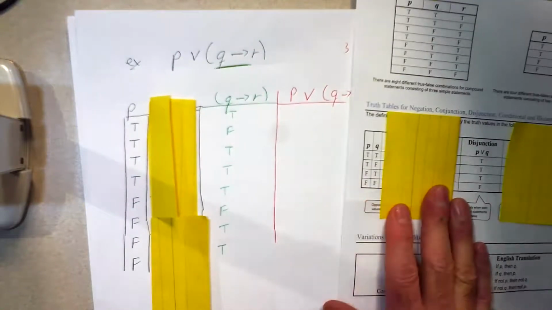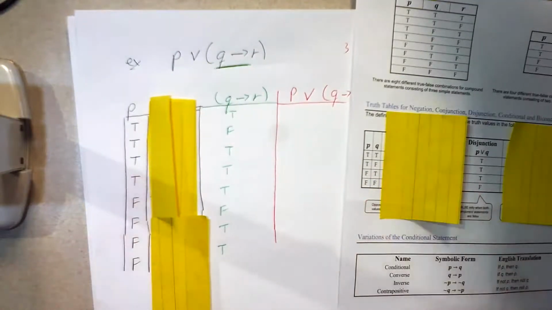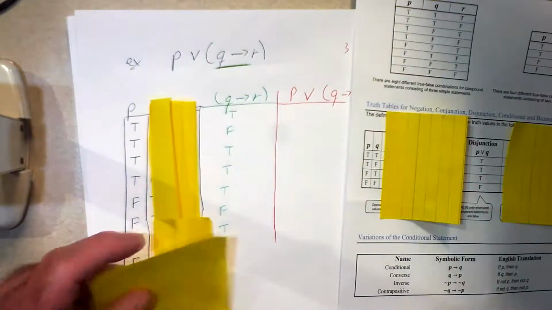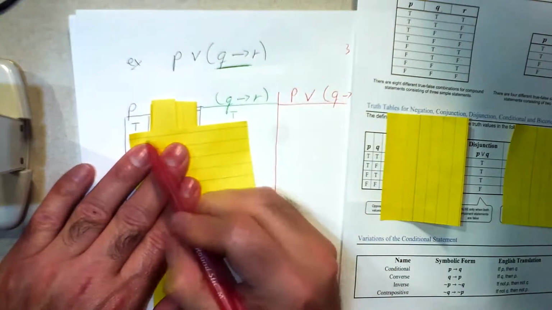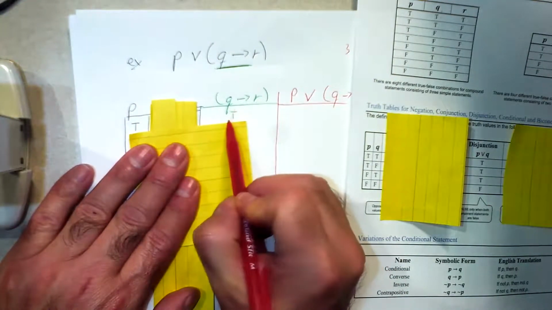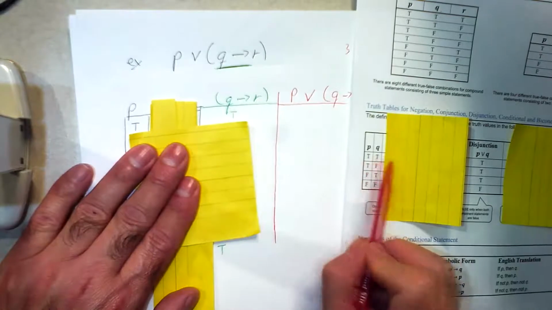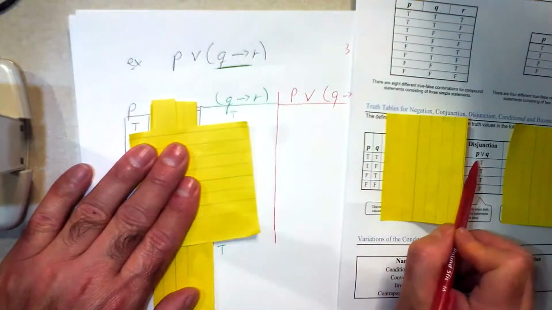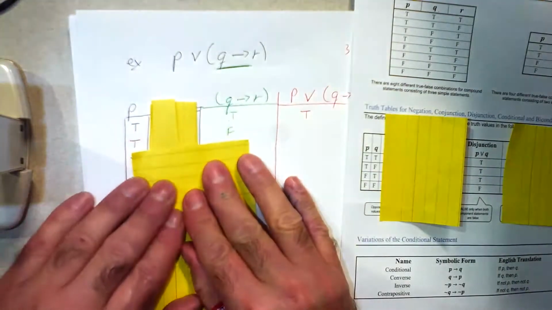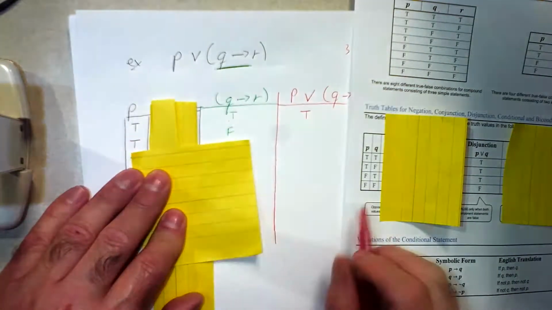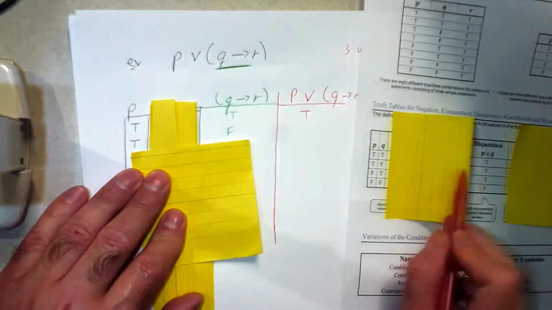Let's match row with row. T or T, T or T is a T. Next row. TF. TF is T.